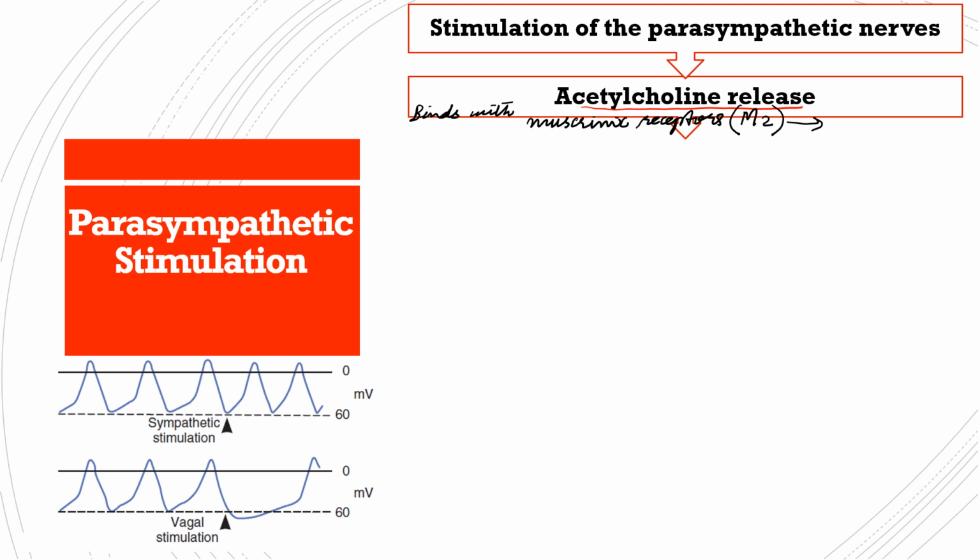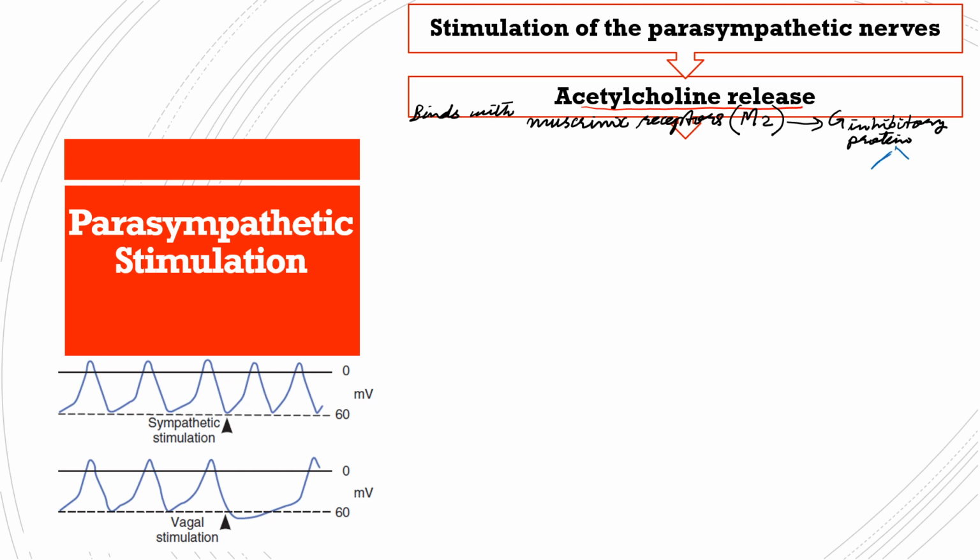This binding of acetylcholine with muscarinic receptors leads to activation of G inhibitory protein, and this G inhibitory protein in turn produces two effects.